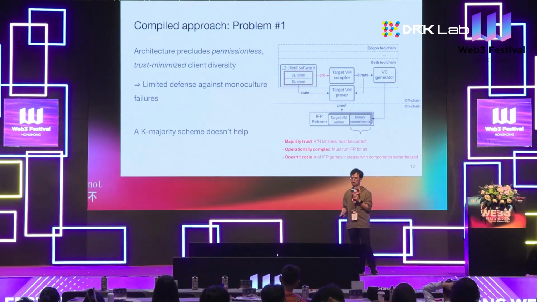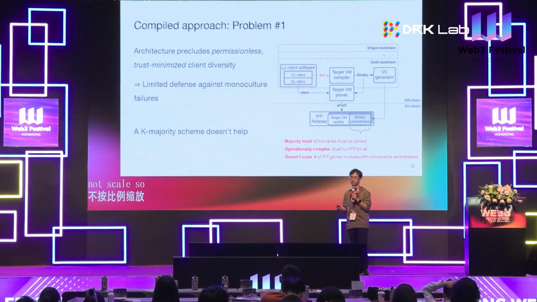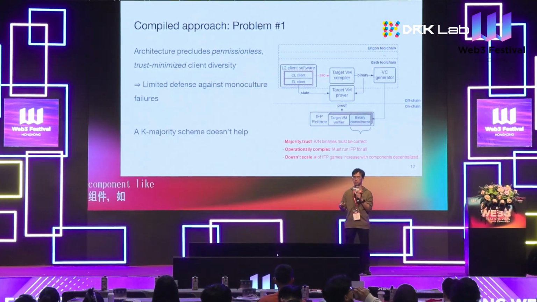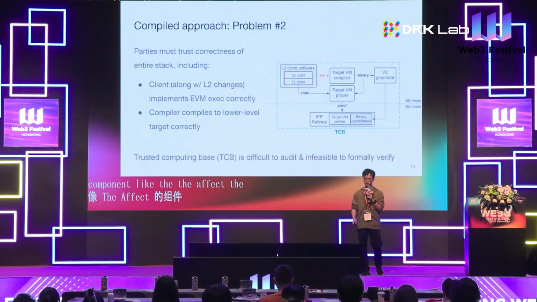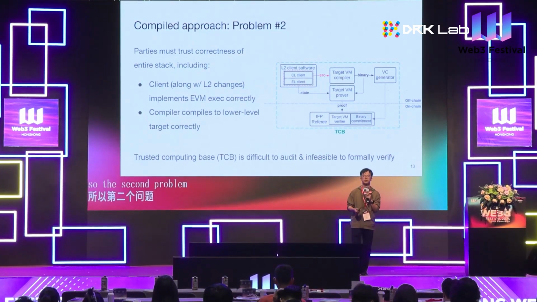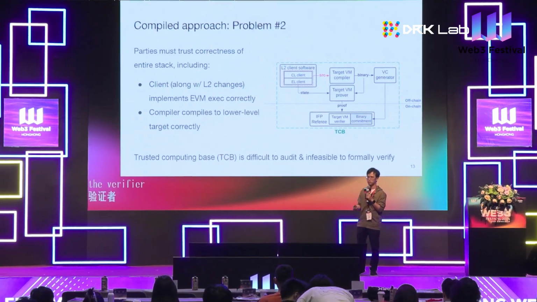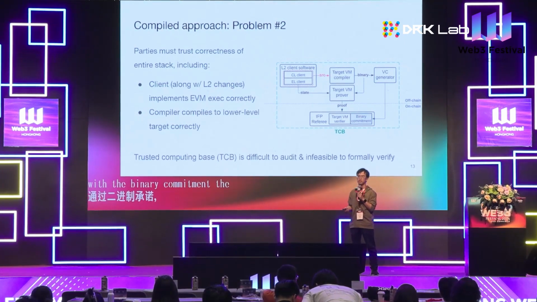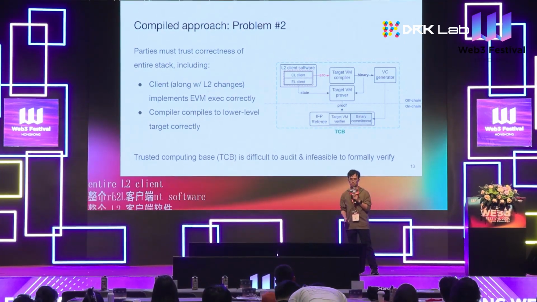So increasing the number of clients whitelisted in this protocol increases the complexity and affects decentralization. The second problem is that since the verifier is strongly coupled with the binary commitment, the entire L2 client software is in the trusted computing base.